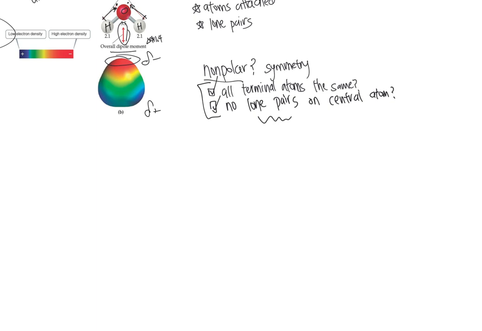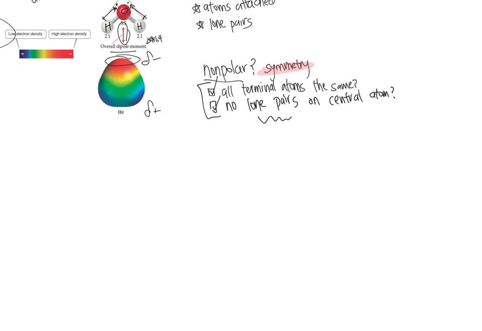And this, again, just has to go back to symmetry. Okay, symmetry is key here. If you go back to the table that has all of the different shapes on it, you can see that there are two that look pretty symmetric on their own.